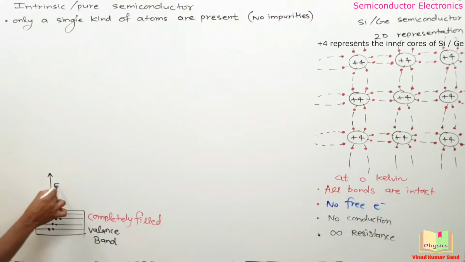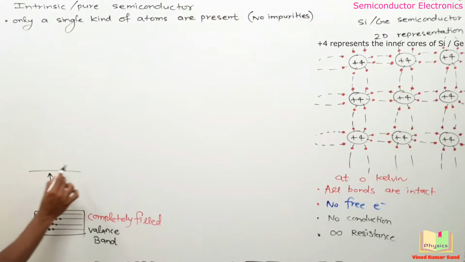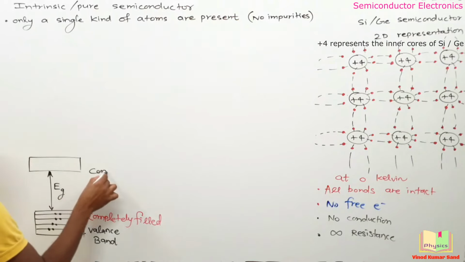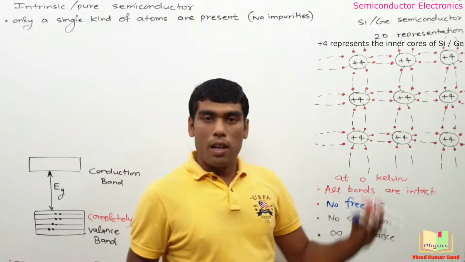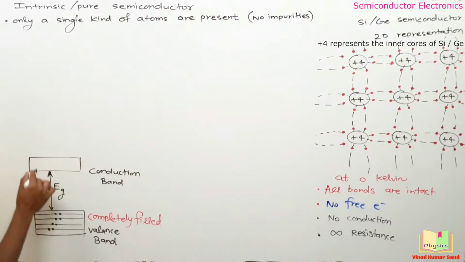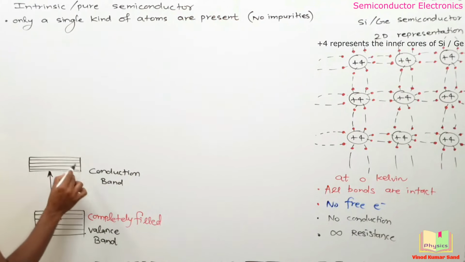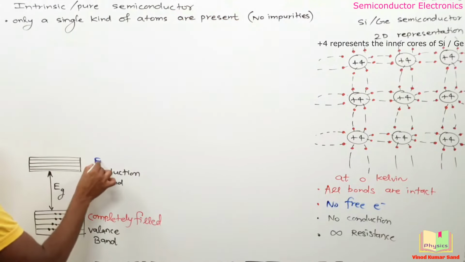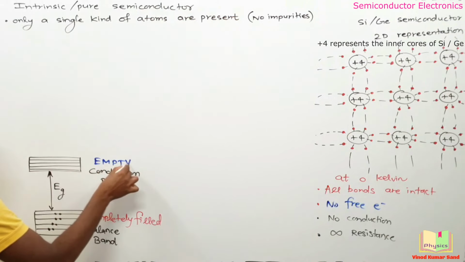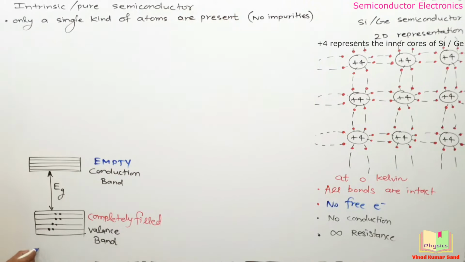In this energy gap, no electrons can exist. And up here lies the conduction band. Since there are no free electrons in the crystal lattice, the entire conduction band is empty. All the energy levels are vacant. Let's write that here, that conduction band is empty. This diagram is made at 0 Kelvin.